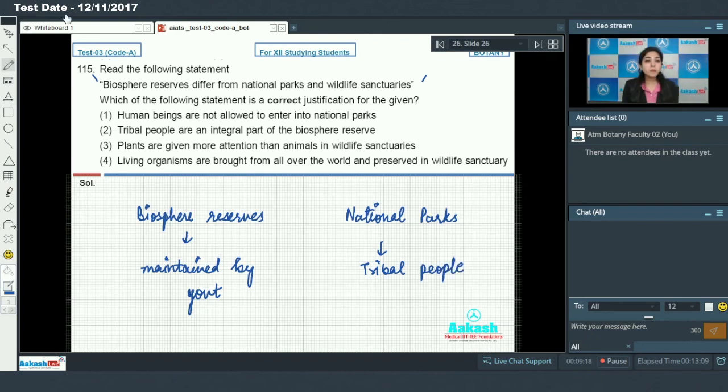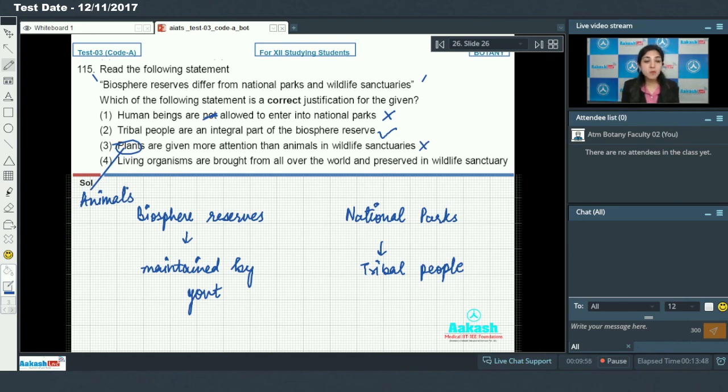Okay. Human beings are not allowed to enter into national parks. This is incorrect. Human beings are allowed to enter into the national parks. Tribal people are an integral part of the biosphere reserve. This is correct. Plants are given more attention than animals in wildlife sanctuaries. No. Animals are given more attention than plants in wildlife sanctuaries.